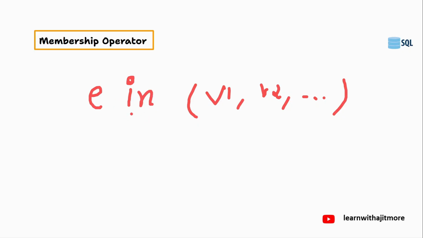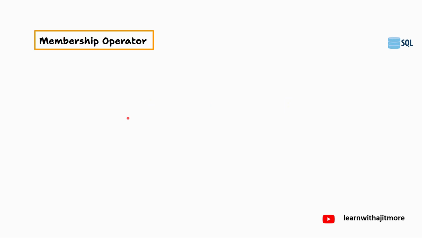You can use not in also, a complement of it. This operator checks whether this value E is there in this list of values. If it is present in this list of values, it is true. Otherwise, false. So checking whether any element is present in some list of elements, we use the membership operator.